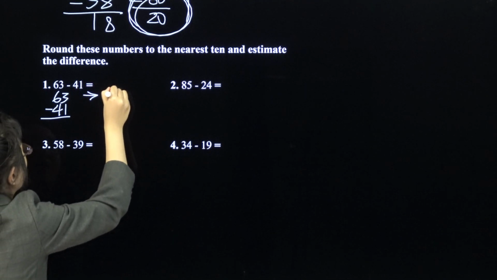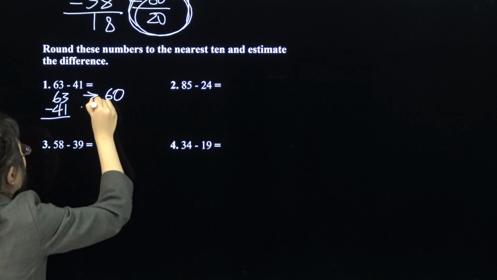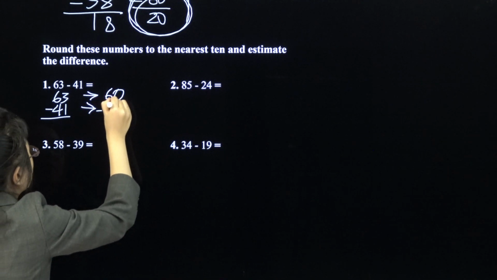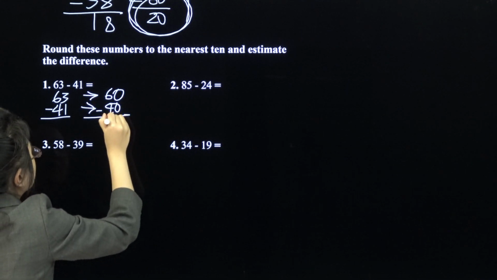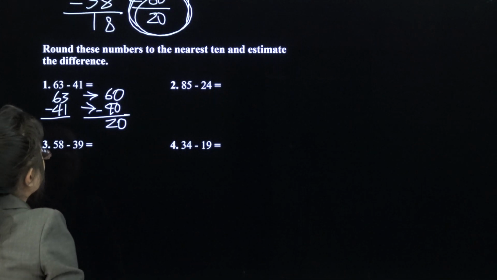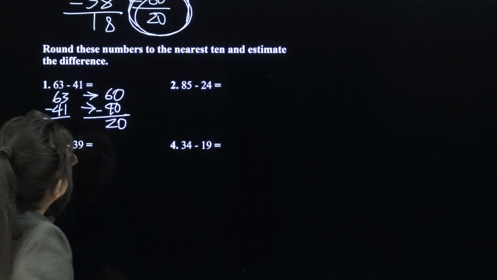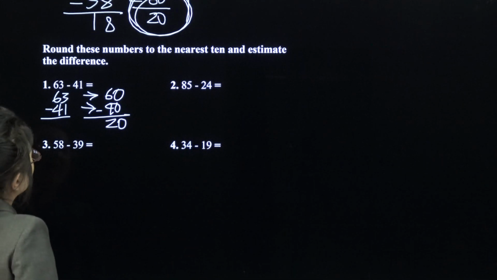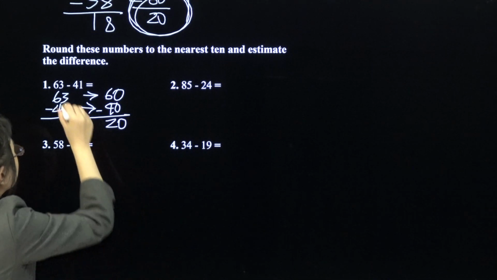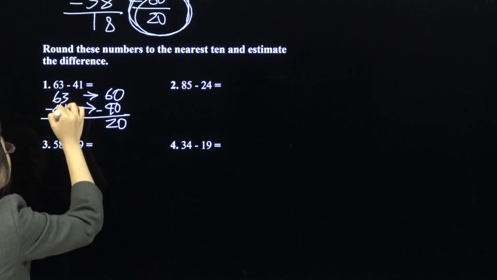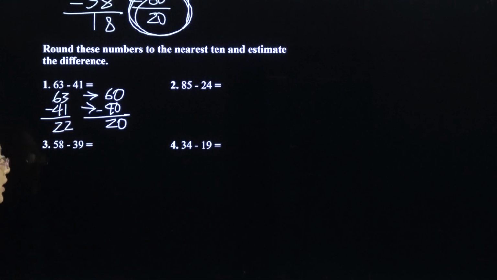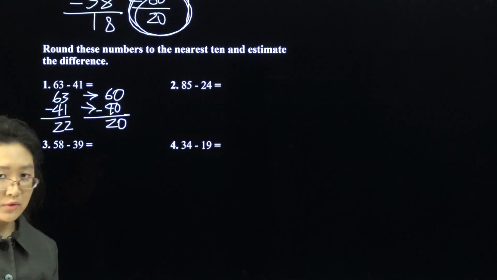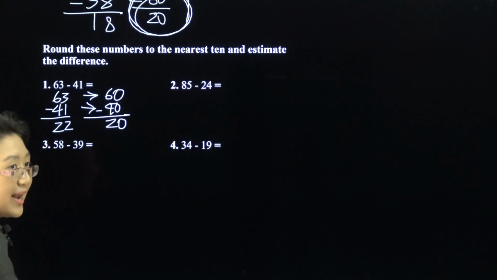That becomes 60, that becomes 40. We subtract, and we get 20. So what's the exact difference? Well, 3 minus 1 is 2, 6 minus 4 is also 2. 22. Yeah, you round that down to 20. That's not a bad estimate.